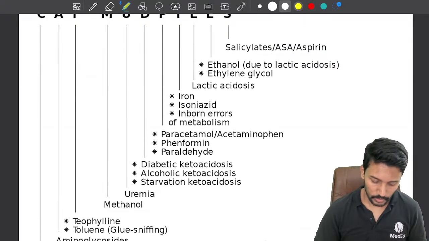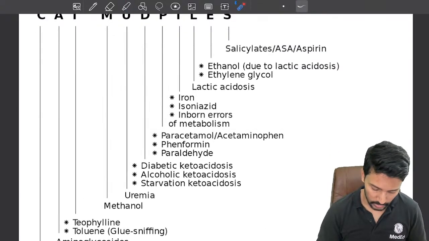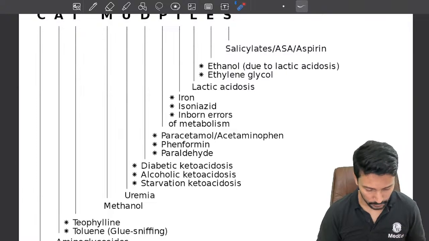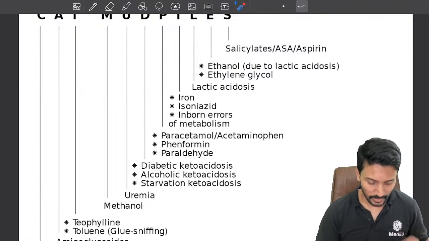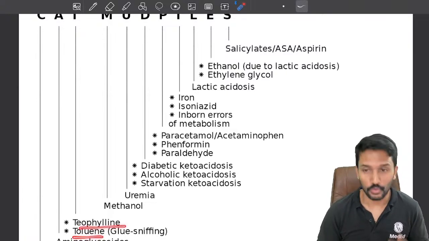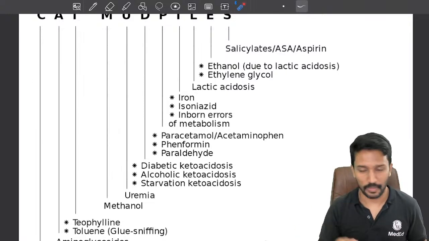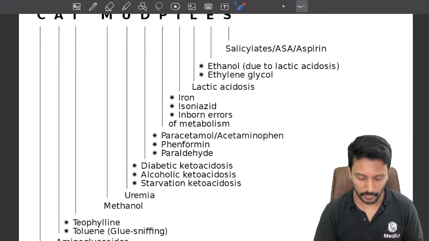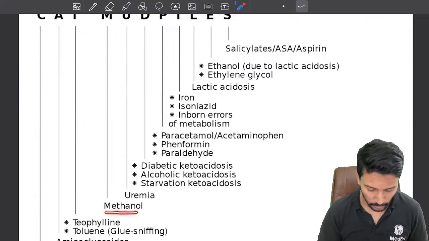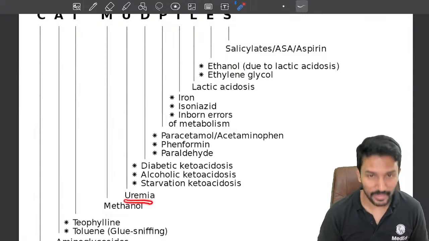In CAT, C stands for carbon monoxide, cyanide, congestive heart failure. A stands for aminoglycosides. T stands for theophylline and toluene. What is toluene? The glue that many rag pickers sniff, and sometimes they get intoxicated and come to hospital. In MUD PILES, M stands for methanol. U stands for uremia.